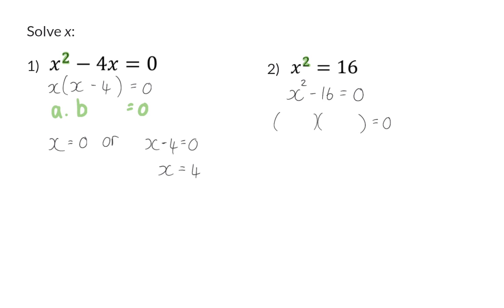So we will form the brackets x minus 4 times x plus 4. And now we can once again say that either the first factor can be equal to 0 or the second factor can be equal to 0. So our final answer here, x is 4 or x is minus 4.